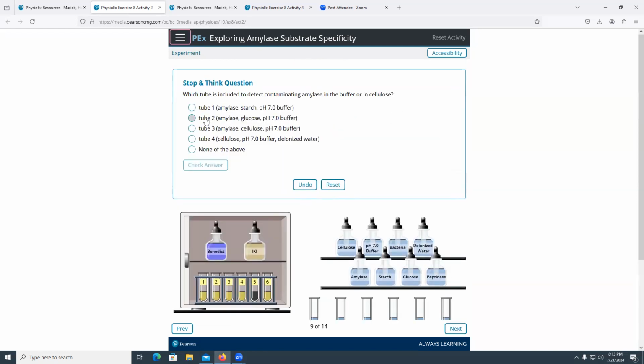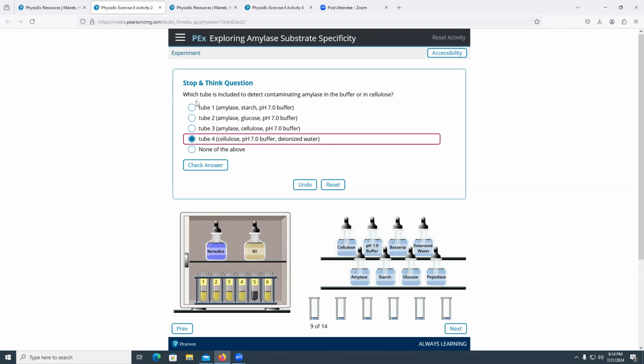Okay, so which tube is included to detect contaminating amylase in the buffer or in cellulose? If I want to detect whether or not there's amylase, I must ensure that the tube has no amylase. So how can I test if there is contaminating amylase if I already have amylase in the tube? So 1, 2, 3 doesn't make sense. It has to be cellulose.